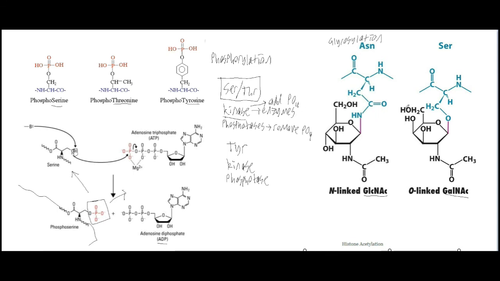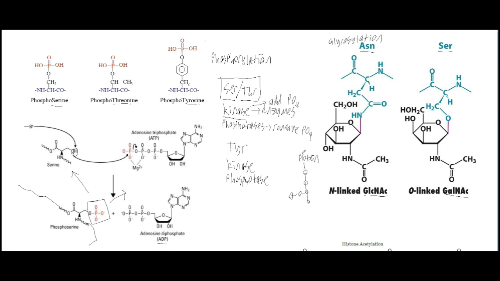our protein here, and they can be added to asparagine or serine, and you can add a bunch of different kinds of sugars. These are just one example. You often see it where you have giant sugar chains. They might even be branching, and this will be attached to our protein.